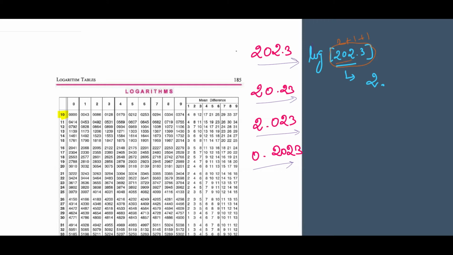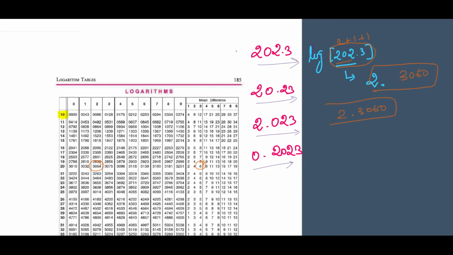Always you have to take first 2 is a 2 pattern, another digit is nothing but 1 pattern, then last one mean difference. The same number only will come 22.3. So 2230 and 6 is there. If you add means what you will get? 3060.